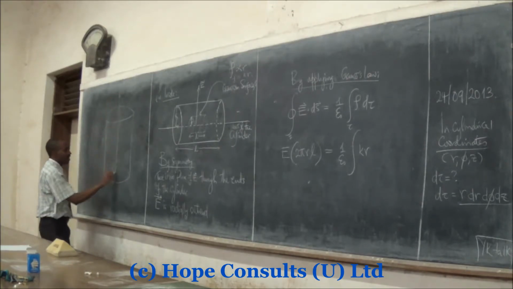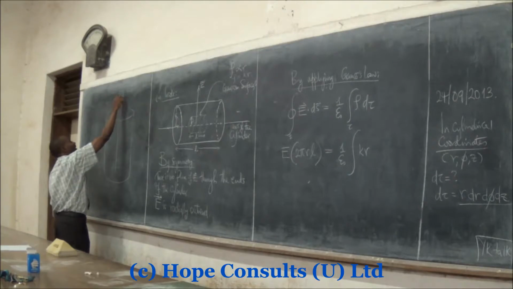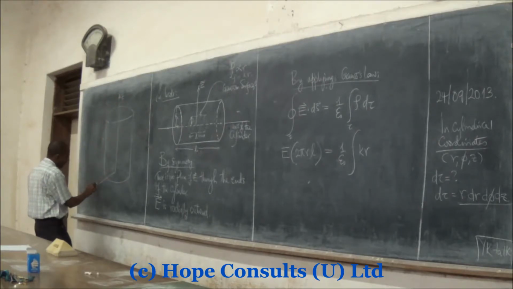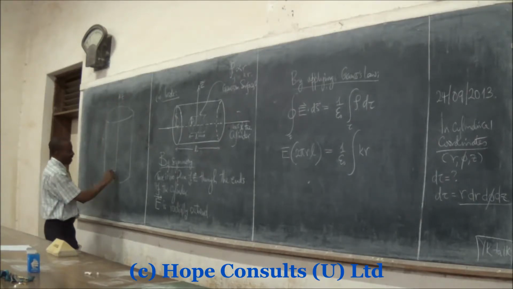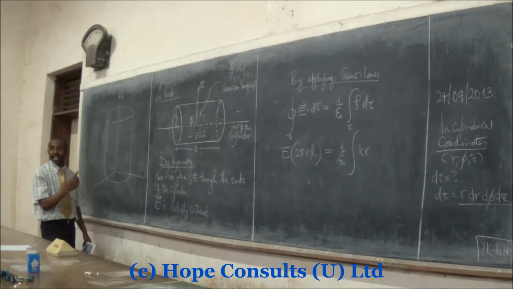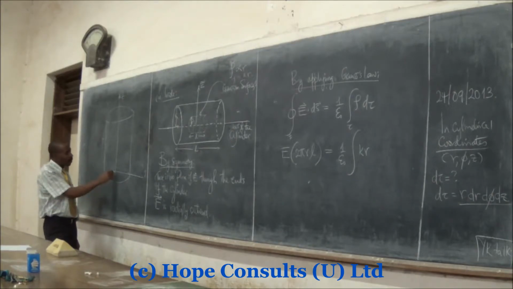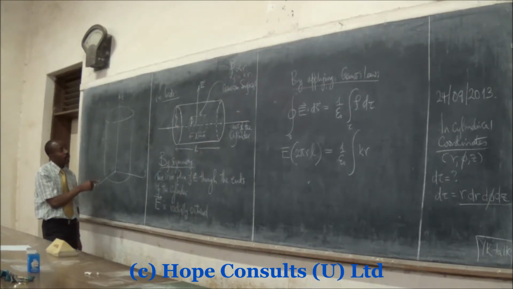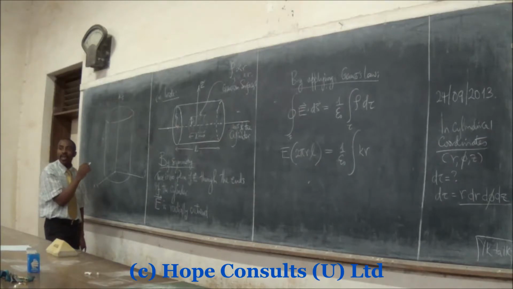I have the z, then I have the x, and the y. These are the Cartesian coordinates within the cylinder. But we want to know now the cylindrical coordinates. So first of all, we need to know where R is. R is anywhere on the cylinder.